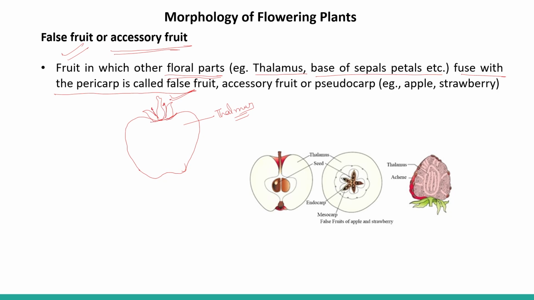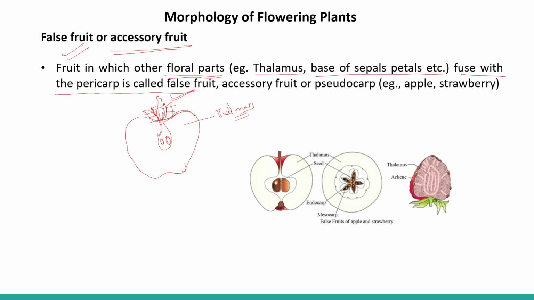So after the fertilization, what happened? These parts wither away and detach. Now what is left? The ovary is not up to this, it is present here. The seeds are in the ovary. Okay.